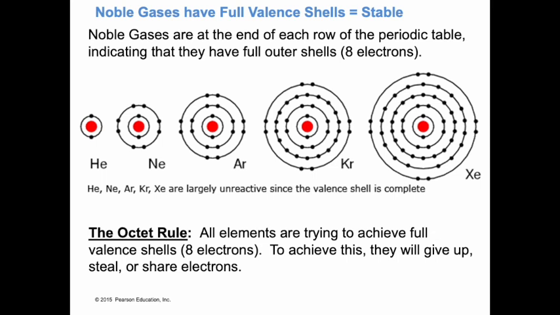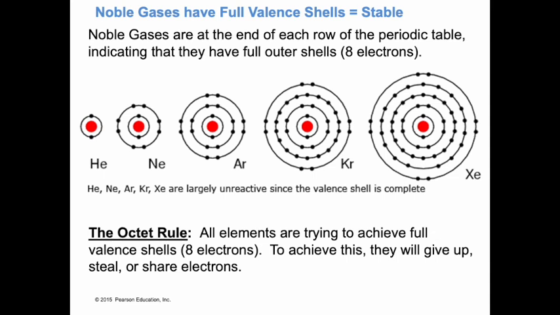So neon has the first shell full, and the second shell is also full. Then we go to argon, which has the first shell full, and the second shell full, and the third shell full. And then krypton: first, second, third, fourth. And then xenon: first, second, third, fourth, and fifth.